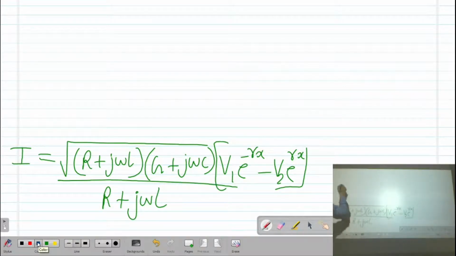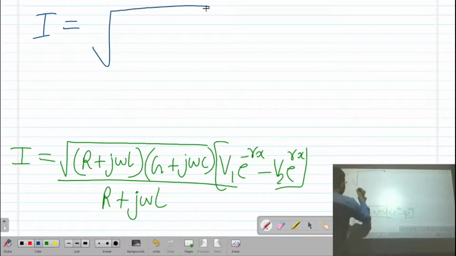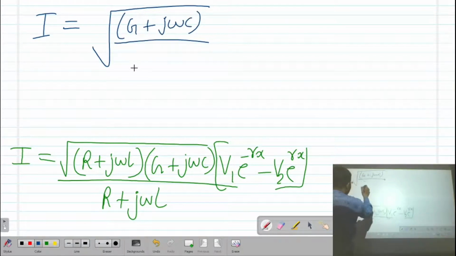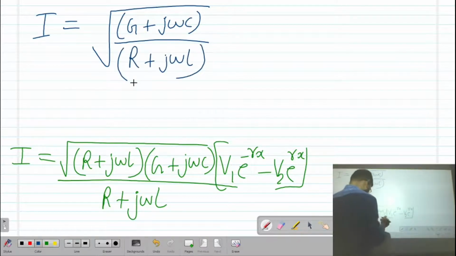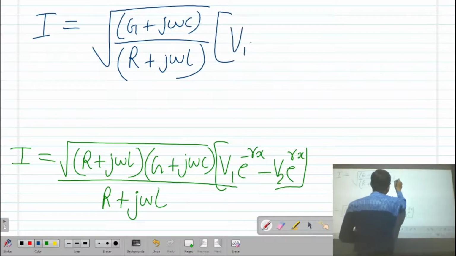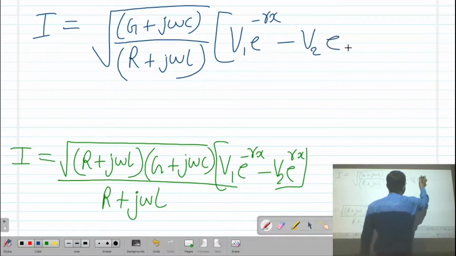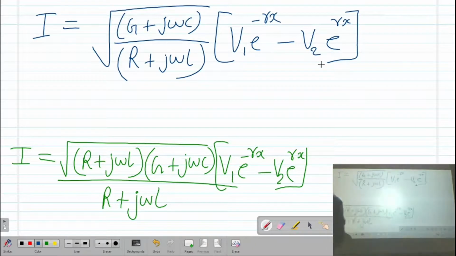This I will be equals to, this term and this term will get cancelled out, and we will get a whole term under root, that is G plus j omega C divided by R plus j omega L into V1 e raised to minus gamma x minus V2 e raised to gamma x. Right? This is the basic fundamental equation.